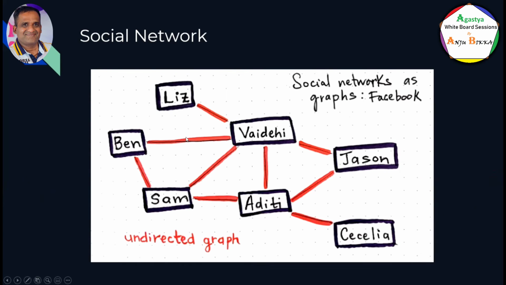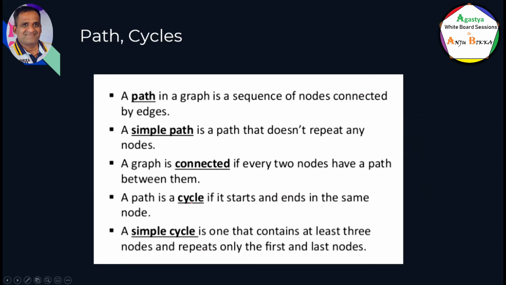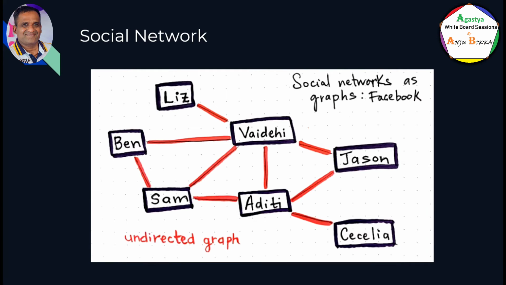The example for an undirected graph is a social network, which is Facebook. We can see how the accounts are connected. Different accounts are connected. If there is a connection like this, we can't say the connection is unidirectional. It is a bidirectional, undirected graph.